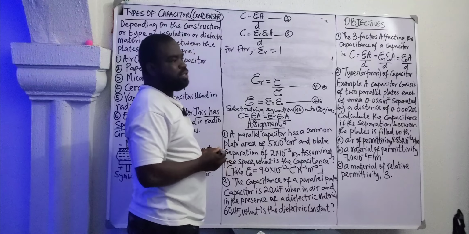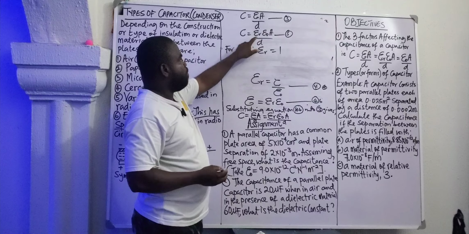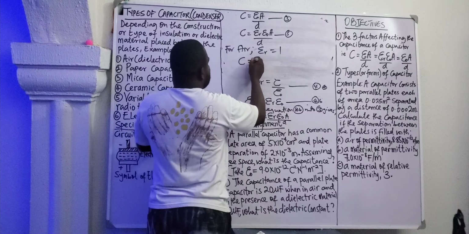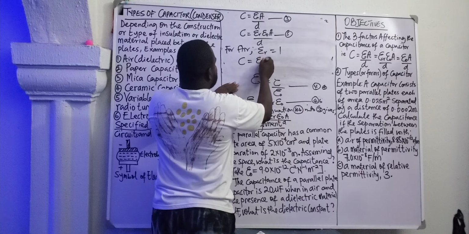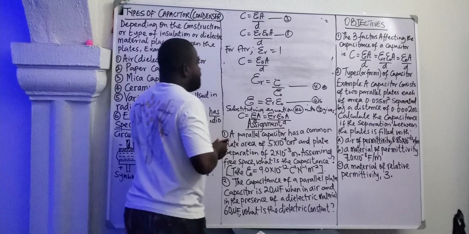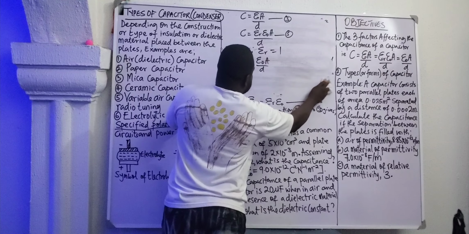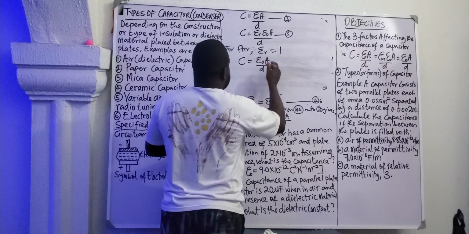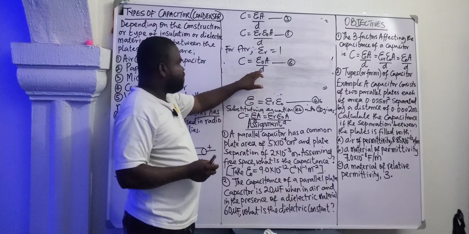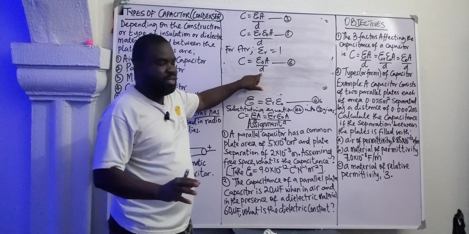The relative permittivity of air is 1, which means if I put 1 here, equation 5 will now be written as C equals epsilon 0 multiplied by area divided by the distance. I will call this equation 6. Once again, I will use equation 6 directly if the particular dielectric is air.